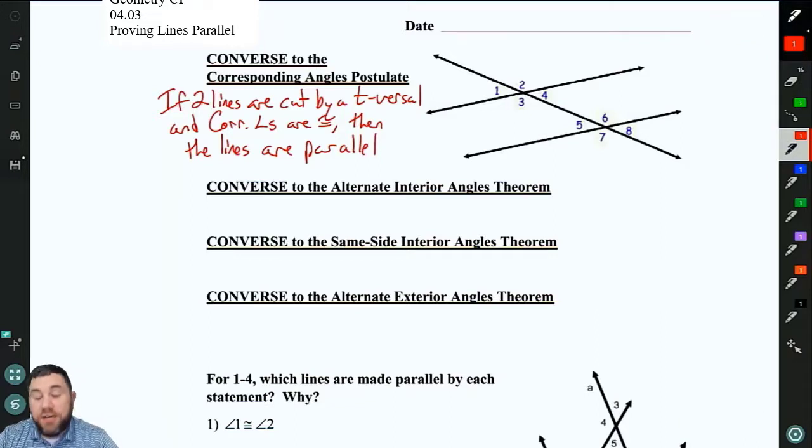We're not going to go through the figure for each of these theorems below, but we will do it a little bit for this one. If we have one pair of corresponding angles that are congruent, then we know our lines are parallel.